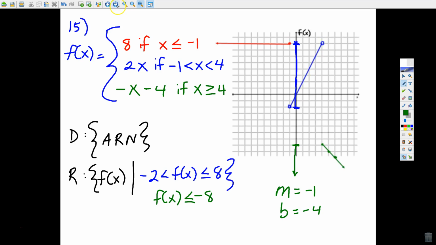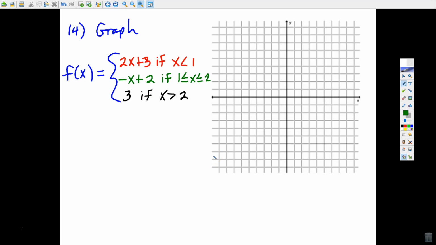No questions? All right, let's go to number 14. On number 14, we're given the function, and it's our job to come up with the graph. All right, so let's take this red piece. Kate, can you help get me started?